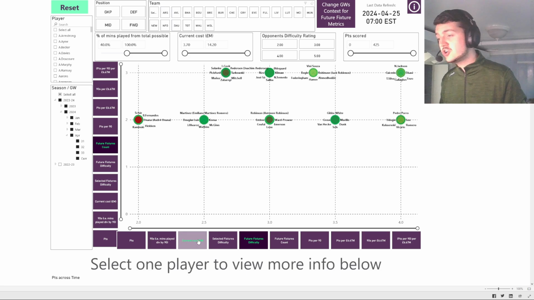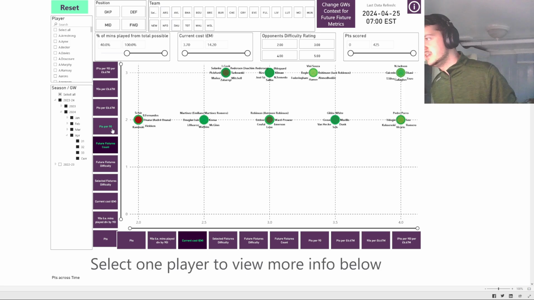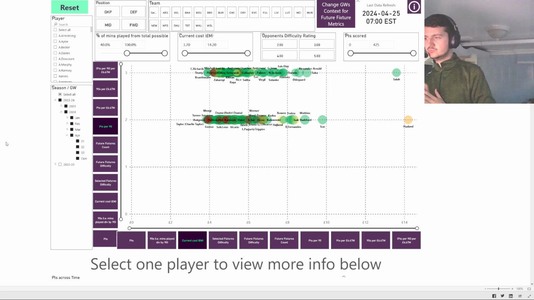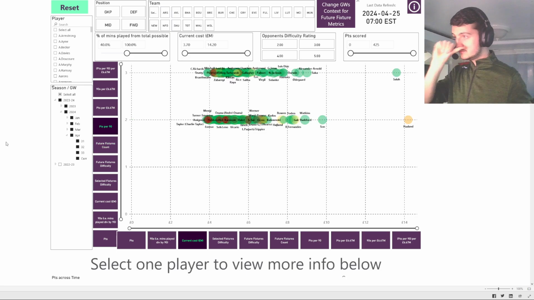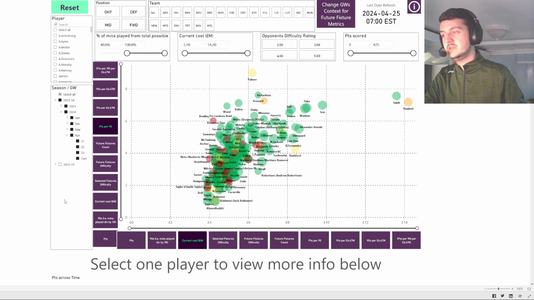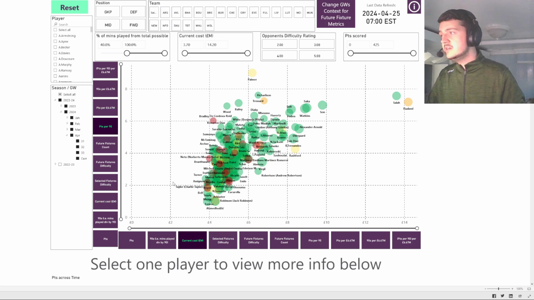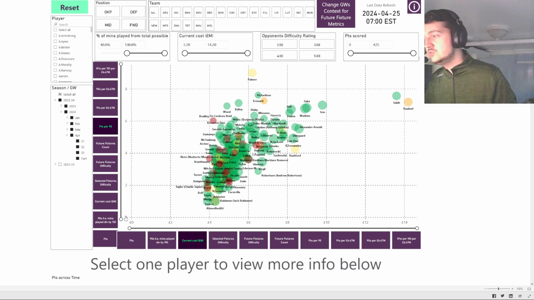But for things like cost, it's actually important to show the 0 because, and I'll demonstrate this using the slider. Let's wait for the points per 90 to load, just so we're staring at something a bit more beautiful. Right now you can sort of compare the distance between Salah and Haaland and the rest of the pack, and you can see that there's some distance from the cheapest players to 0, right?